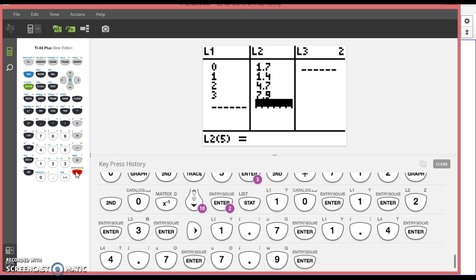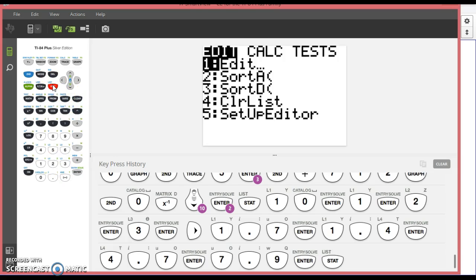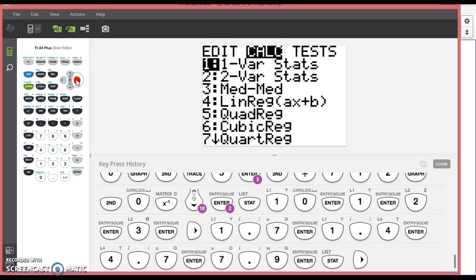And the calculator is going to help us determine which one is best. Now, what we are going to do, go back to your stat menu and over to calculate. Okay. I'm going to write this on the board.